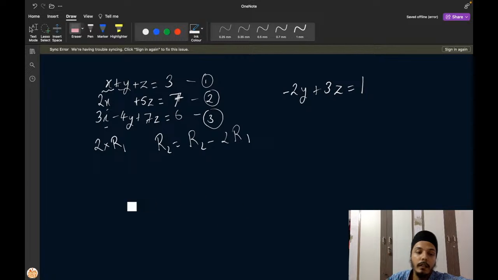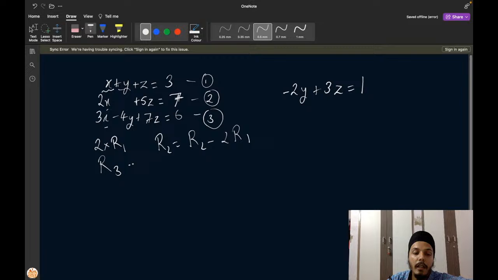Now our second operation will be done on equation r3. To remove x, we need 3 times equation 1. So r3 minus 3 r1. This will be 3x minus 4y plus 7z equals 6.